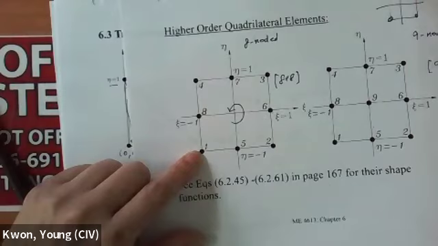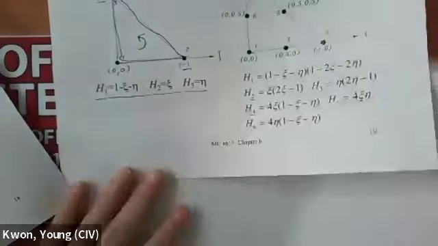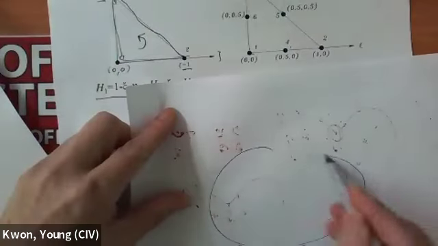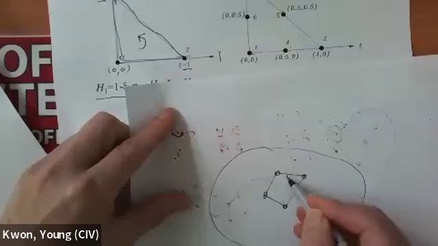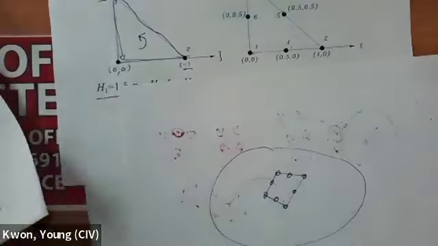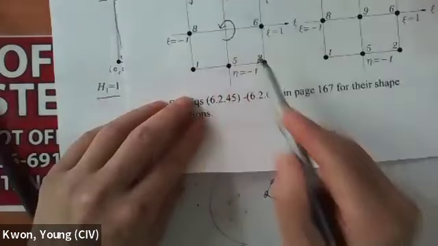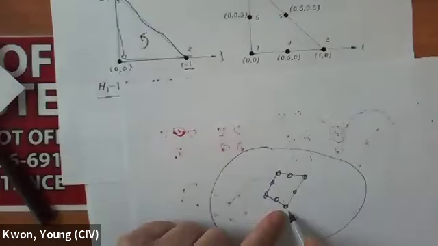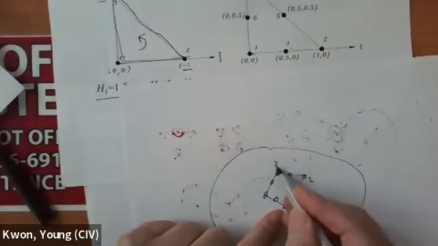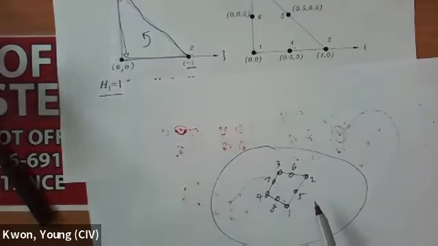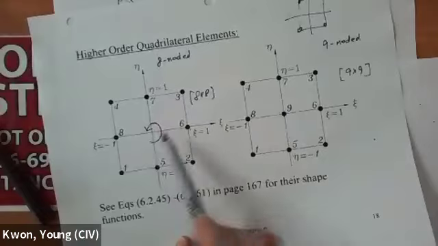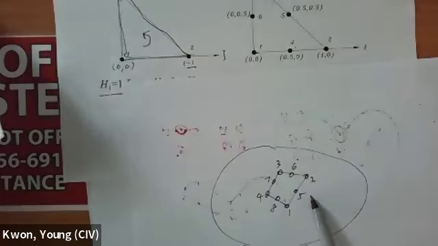So if I use the shape function in the book for this one, then whenever you have a finite element mesh in the domain, let's say this is my domain and one of the elements is like that one, and I'm going to use an 8 noded element with this shape function, then you have to read in the nodal connectivity 1, 2, 3, 4, 5, 6, 7, 8 exactly the same sequence as defined in here.